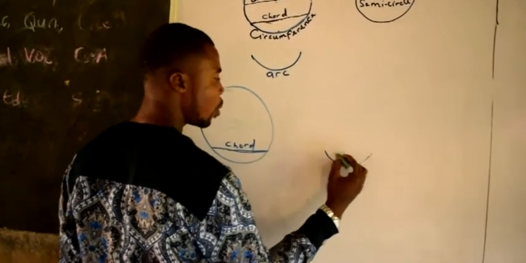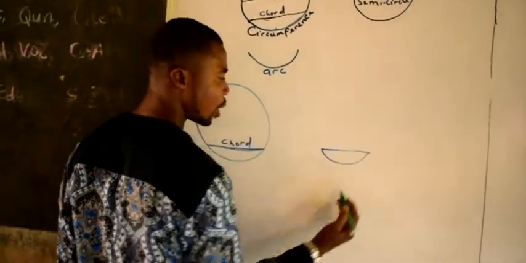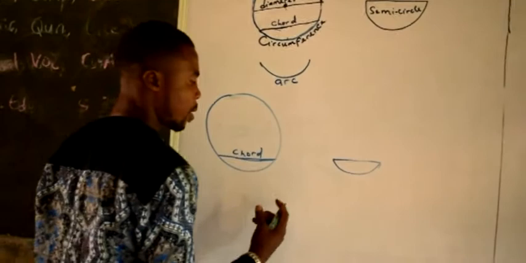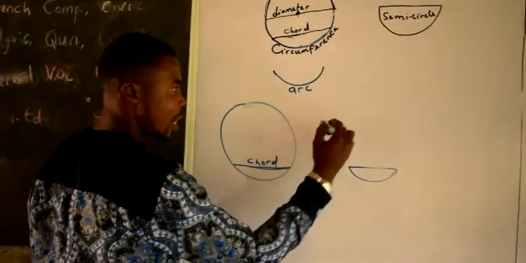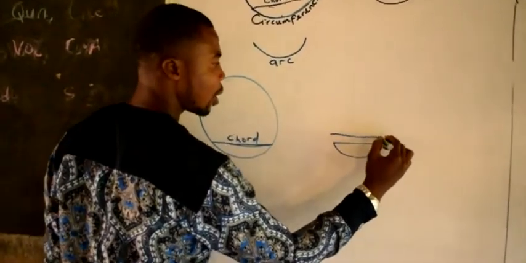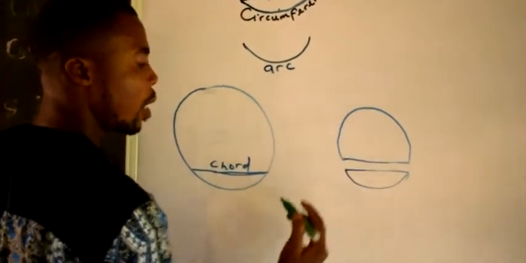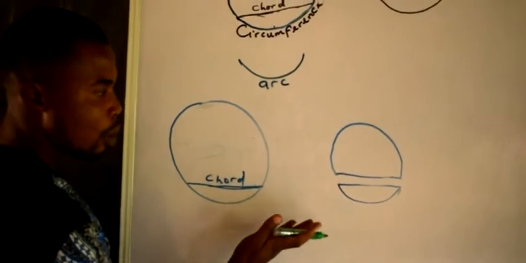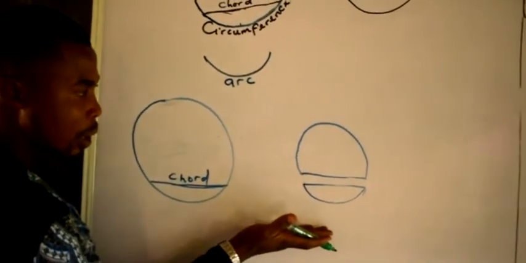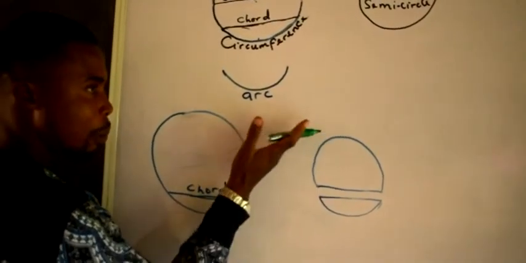It gives you a small portion like this, which tells you that there is another one which is bigger. You have the small portion and the big portion.